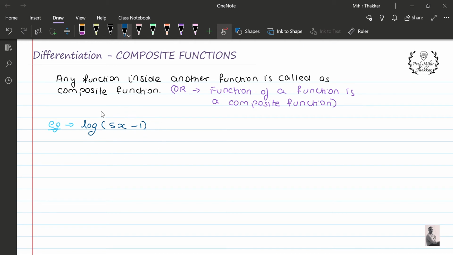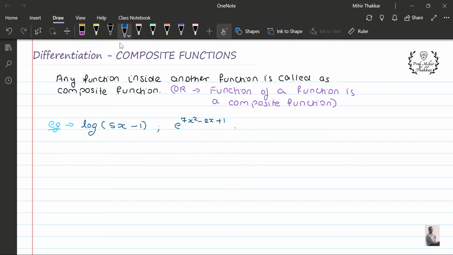Therefore, together log 5x minus 1 is called a composite function. Or in case I have e raised to x, then this is a basic function, which is just an exponential function. But instead of e raised to x, if I have e raised to 7x square minus 2x plus 1, then this is called a composite function. So now in this lecture we have to study how to find the derivatives of this kind of function.